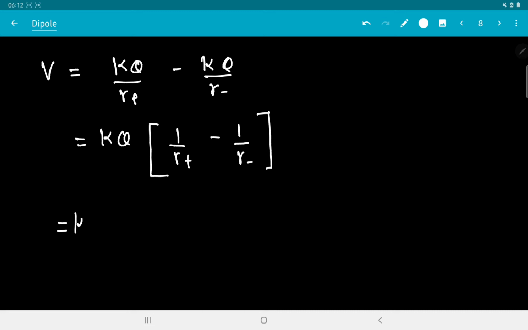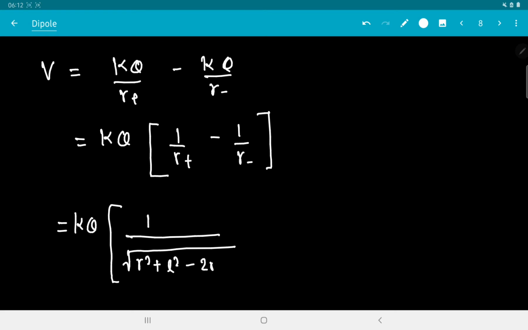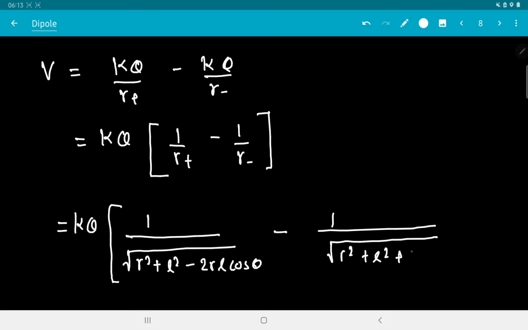We will have kq times the square root of r square plus l square minus 2rl cos theta, minus the square root of r square plus l square plus 2rl cos of theta.